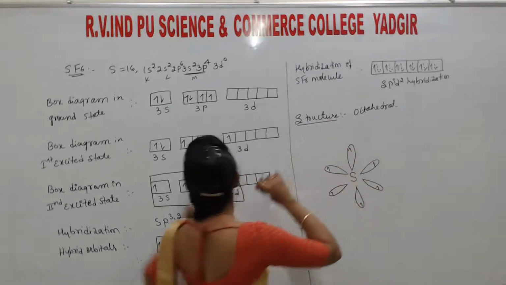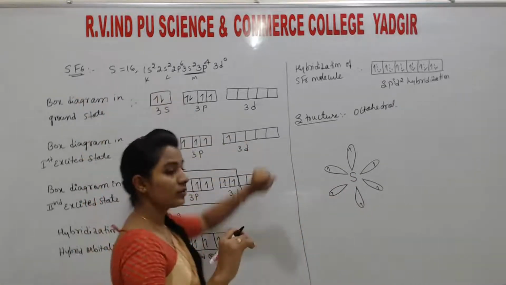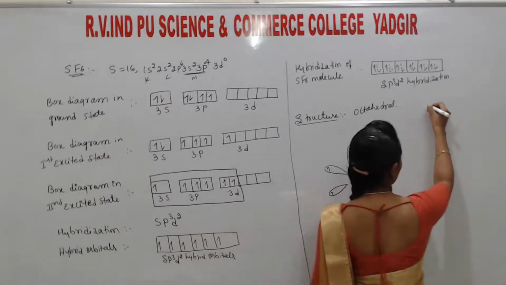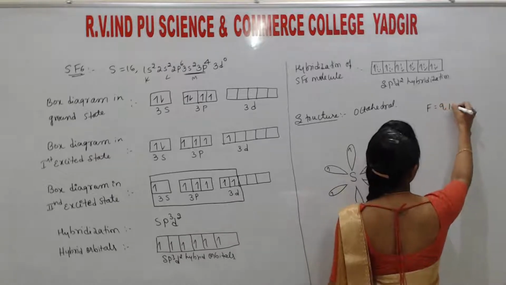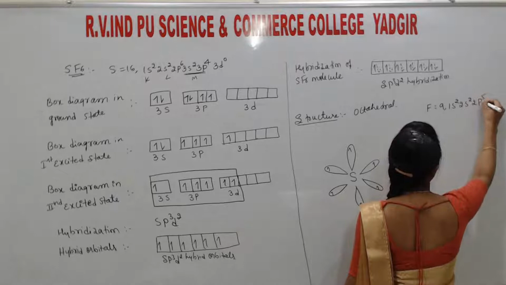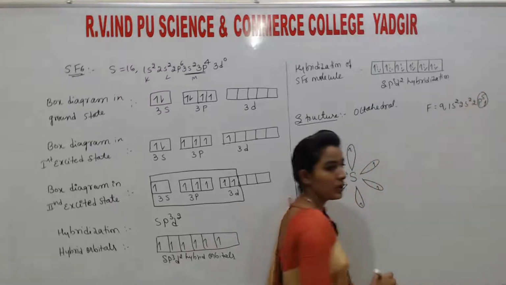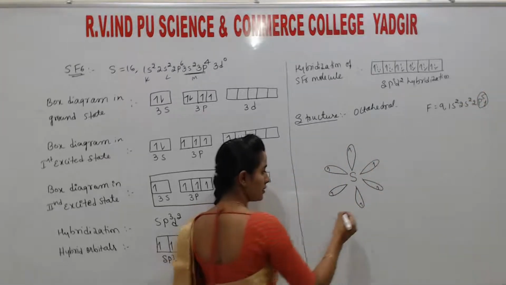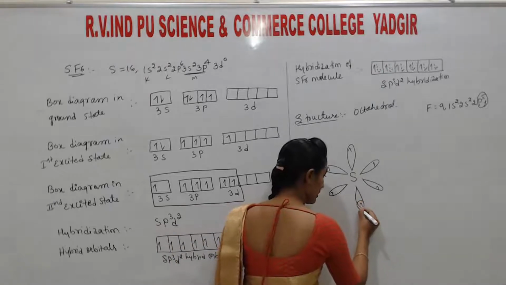Next, the fluorine atom is bonded to sulfur. Listen here, fluorine atomic number is 9. Configuration is 1s2, 2s2, 2p5. So the last electron is in a p orbital. Means like this.